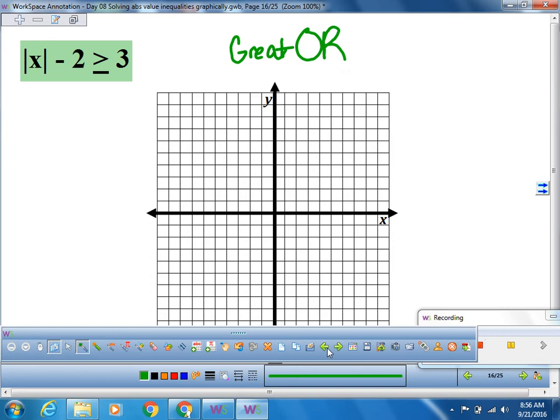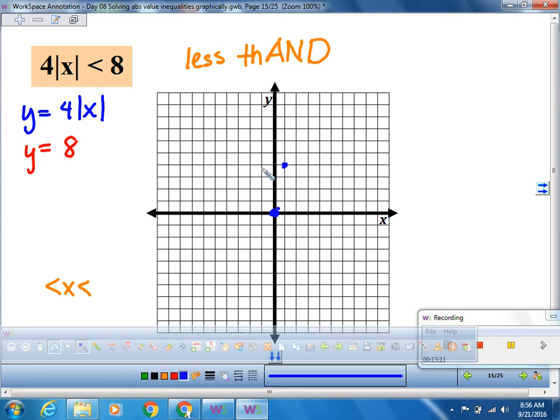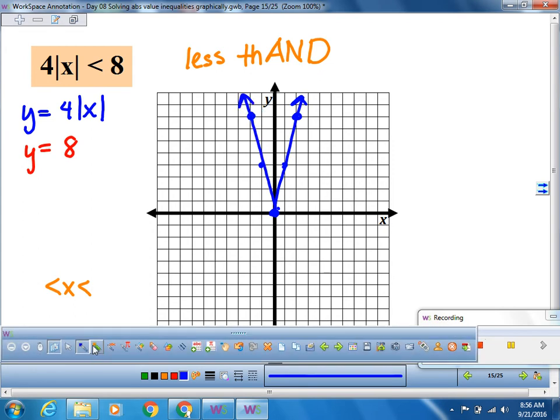Okay, perfect. All right, so almost all of you, since this is less than, it's going to look like this, right? And so I'm going to graph them. So for x, the vertex is at 0, 0, and it's up 1, 2, 3, 4 over 1. Where is that absolute value graph intersecting 8?